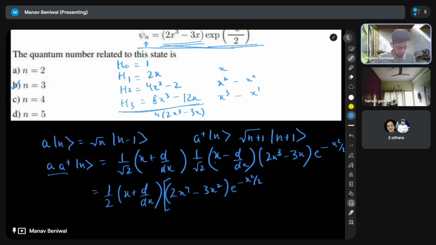This will come because of the x term. Then we'll have minus, and then we'll differentiate these two. Differentiating the first one will give us minus 6x squared, minus 3, and then the exponential term.